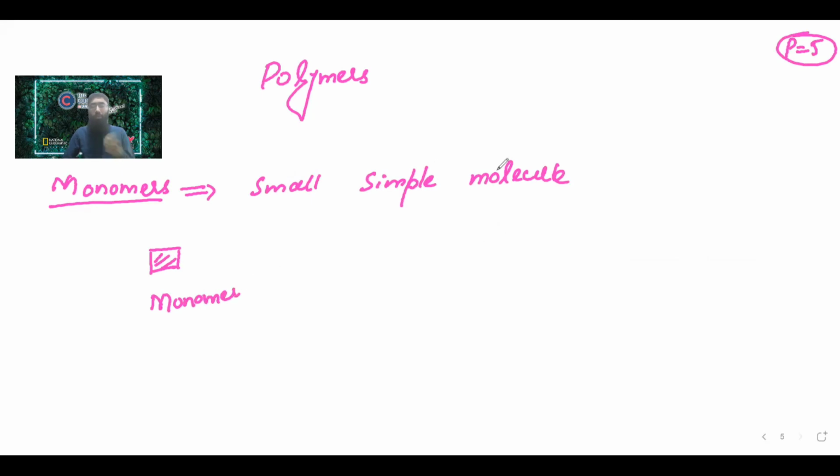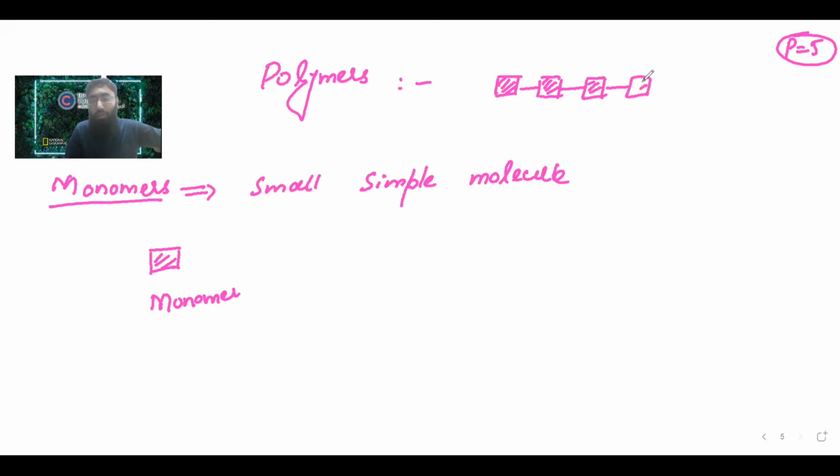And what is a polymer? The combination of monomers is called a polymer. This monomer is combining with another monomer, different monomers.